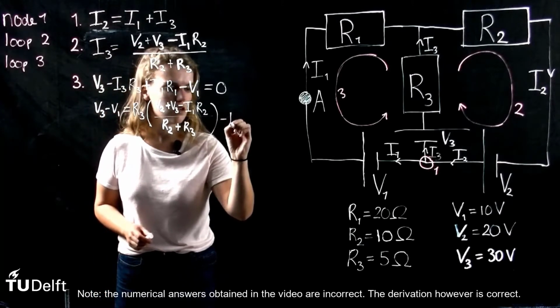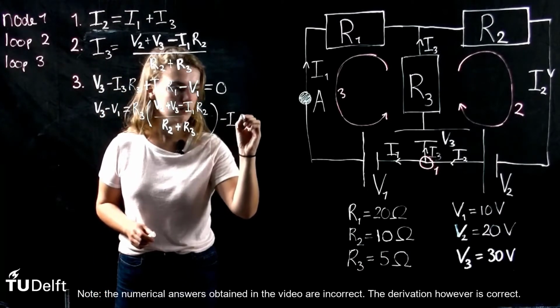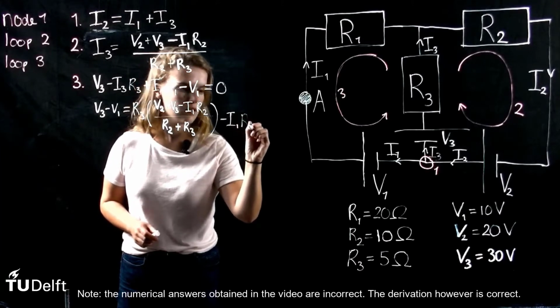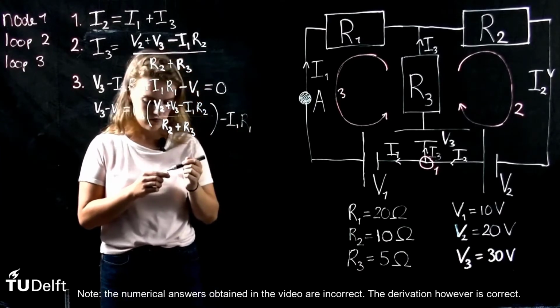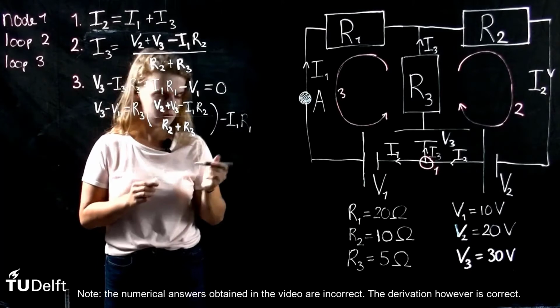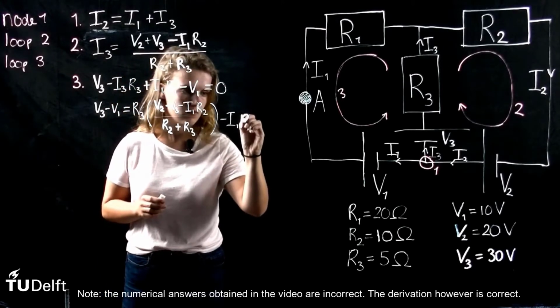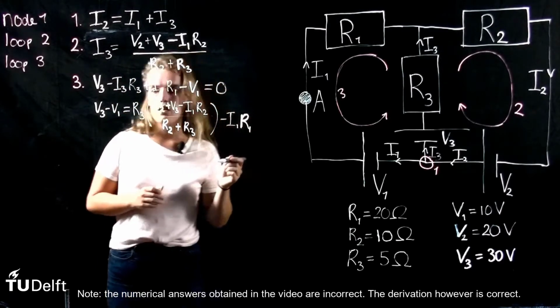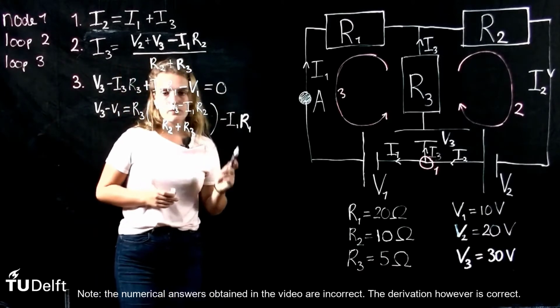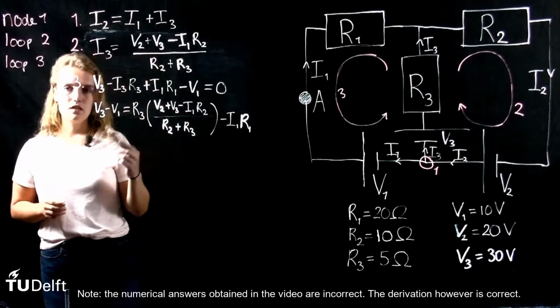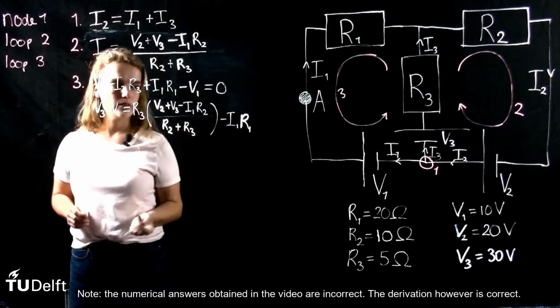So minus I1 R1. Now you might notice that we only have, as an unknown, we only are left with I1.